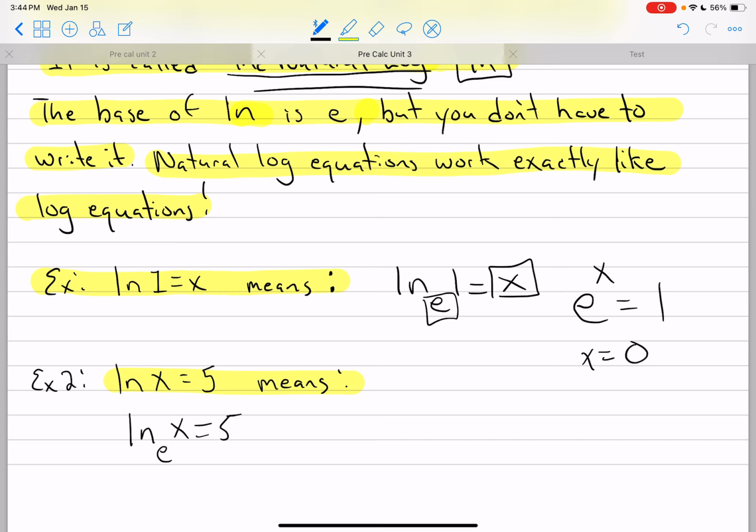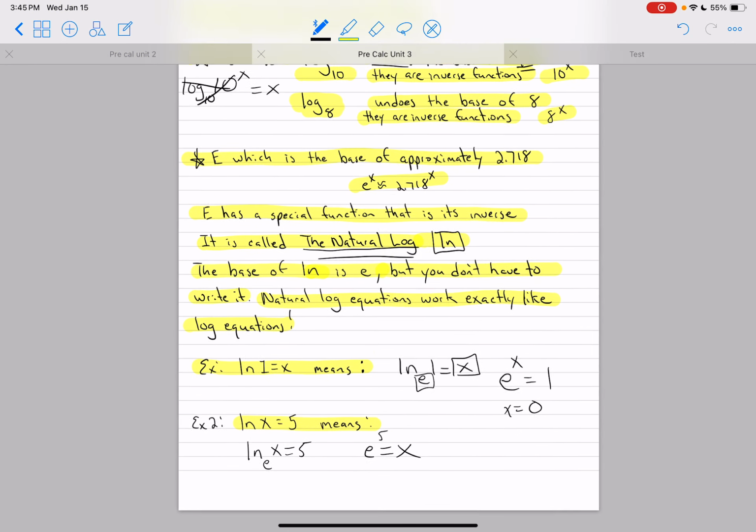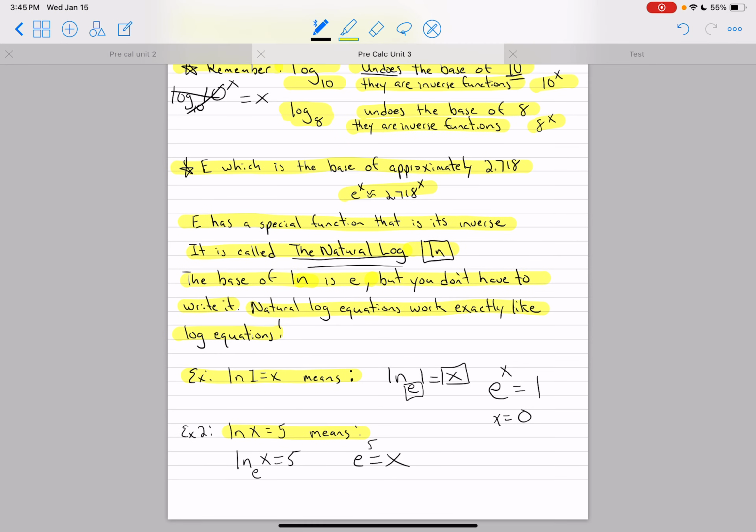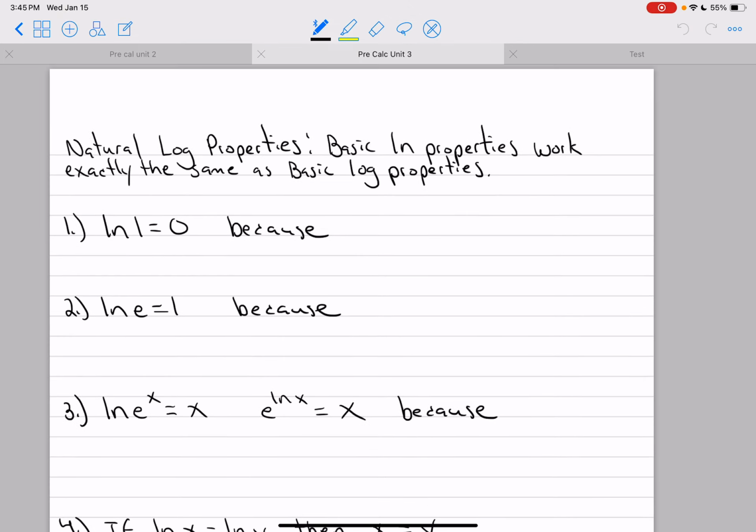You don't have to rewrite it, but just recognize that the natural log always has a base of e. So it's saying my base is e, and my exponent is 5. So e to the 5th power equals x. That's what that means. I don't know why I wrote e like that, because I'm rushing. But it's okay. We got this. Boom. So that's that piece. And that's hopefully super straightforward.